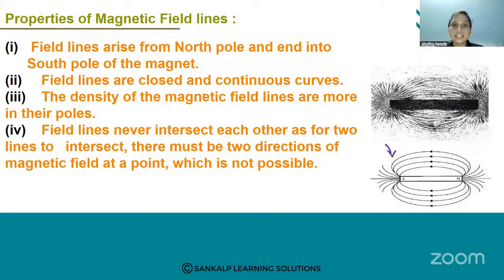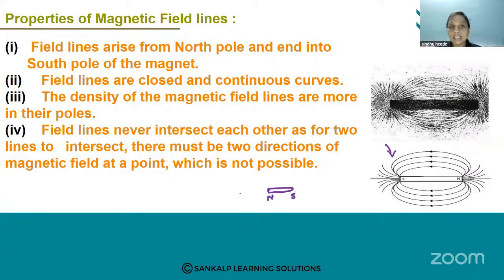See here, the first property tells that field lines arise from the north pole and end into the south pole of the magnet. We know that a magnet has two poles, one is north and another one is south pole, right? Consider one bar magnet here.